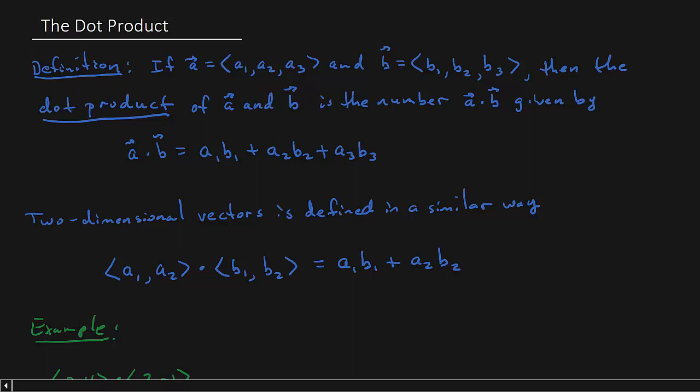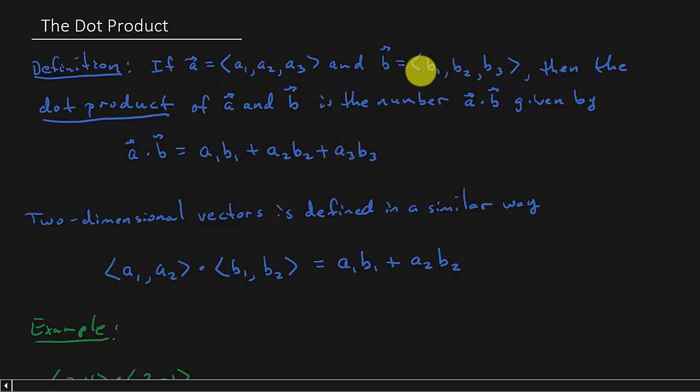So we've got the definition. If vector A is A1, A2, A3 and vector B is B1, B2, B3, then the dot product of A and B is the number, vector A dot vector B, given by A1 times B1 plus A2 times B2 plus A3 times B3.